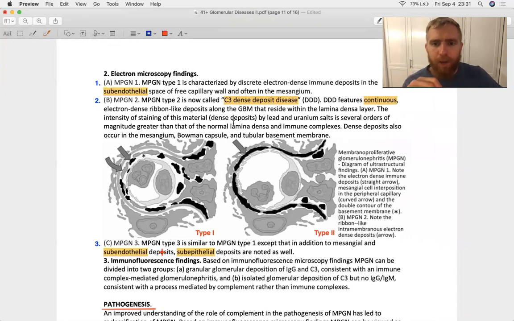You're going to have a different staining pattern for type 1 versus type 2. This is important. When you look at the basement membrane in membranoproliferative glomerulonephritis, type 1 has patchy electron-dense immune deposits, whereas type 2 has linear and continuous immune infiltration or destruction, rather, of the basement membrane.